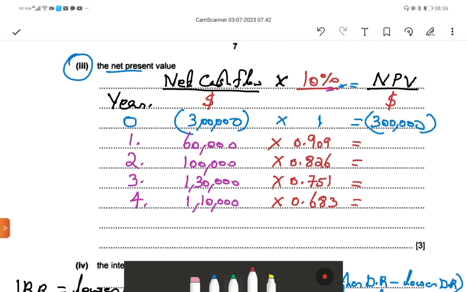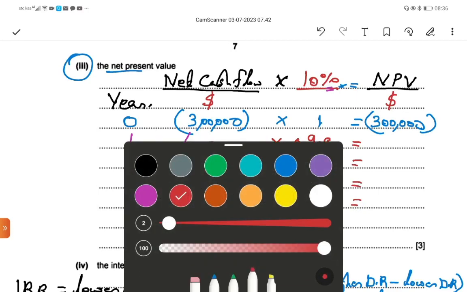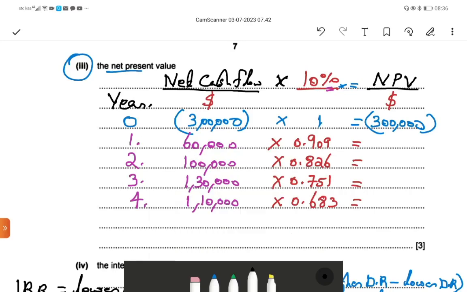So what is the amount? The amount is minus 300,000 plus each multiplication: 54,540, 82,600, 97,630, 75,130.